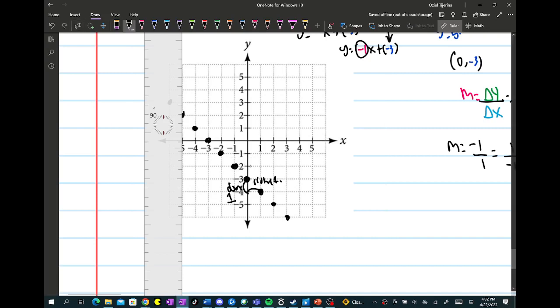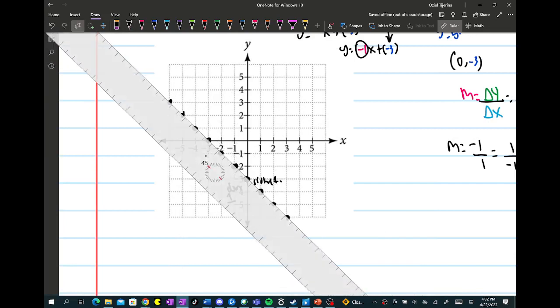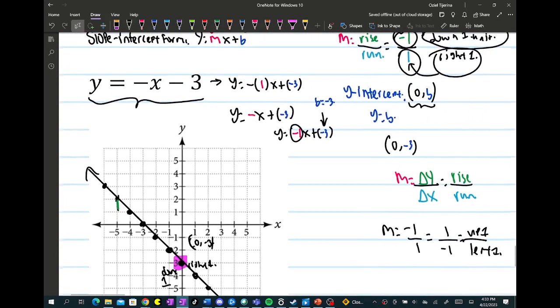And this is the idea of slope. It's rise over run. It's really the change in y over change in x. Like I said, our y-intercept is right here. That is our y-intercept, 0, negative 3. And again, our slope: actually, hold on.